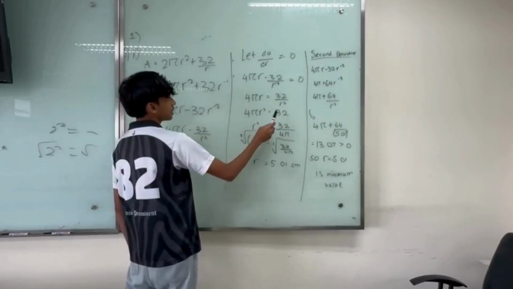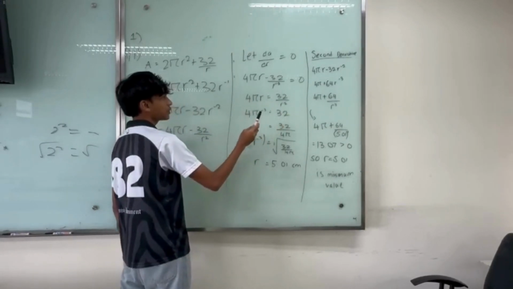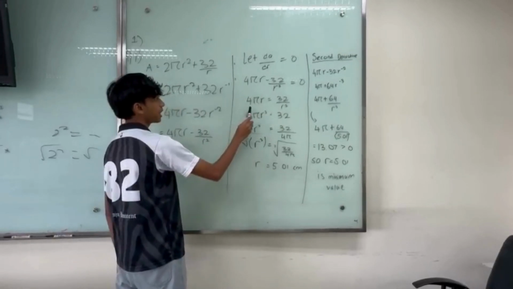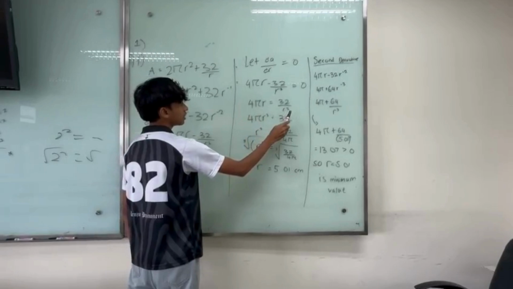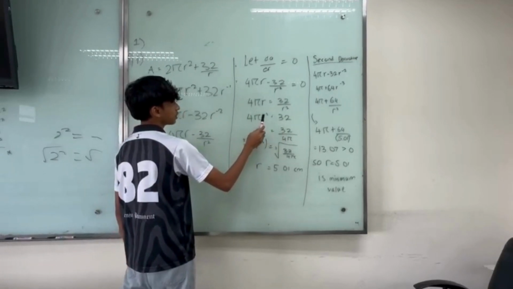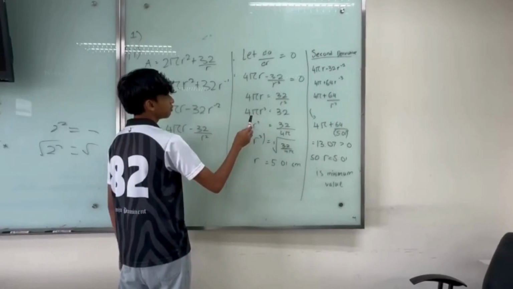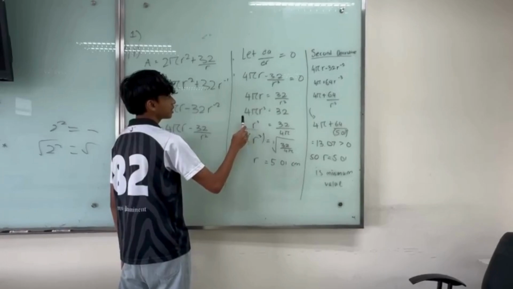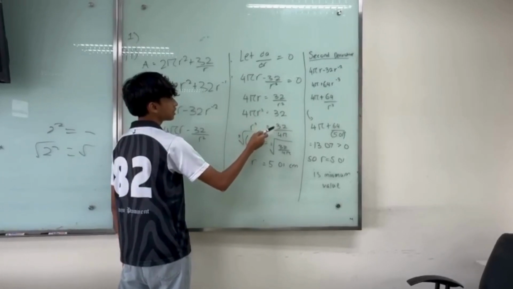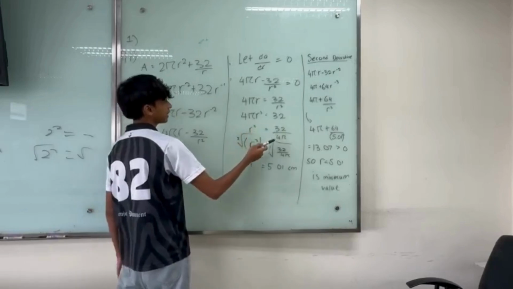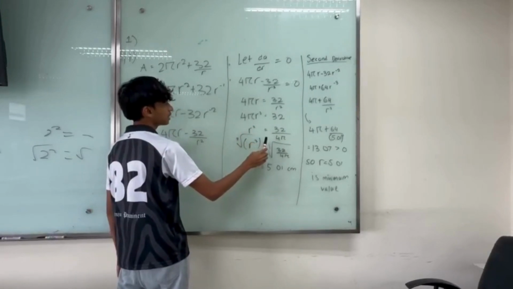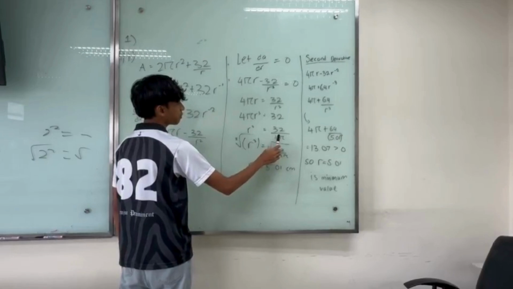And then we can multiply this r squared with the 4 pi r. So 4 pi r times r squared gives 4 pi r cubed equal to 32. And then we can put the 4 pi over to the right side, and we get r cubed equals 32 over 4 pi.